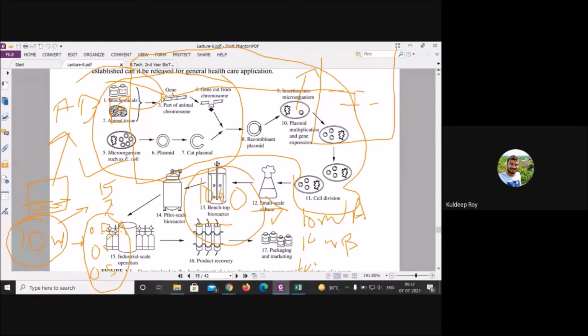But it is not necessary that you will get the same quality and the same concentration of product.